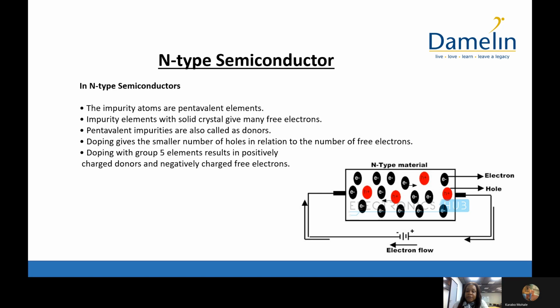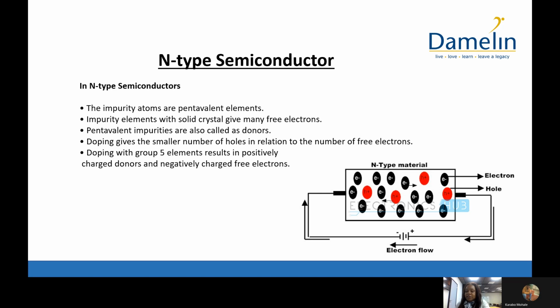Now, the N-type semiconductor is a semiconductor that's been doped. Basically, they add another type of material to that semiconductor material to change the way in which it works. So what they do is they add an impurity of a pentavalent element.